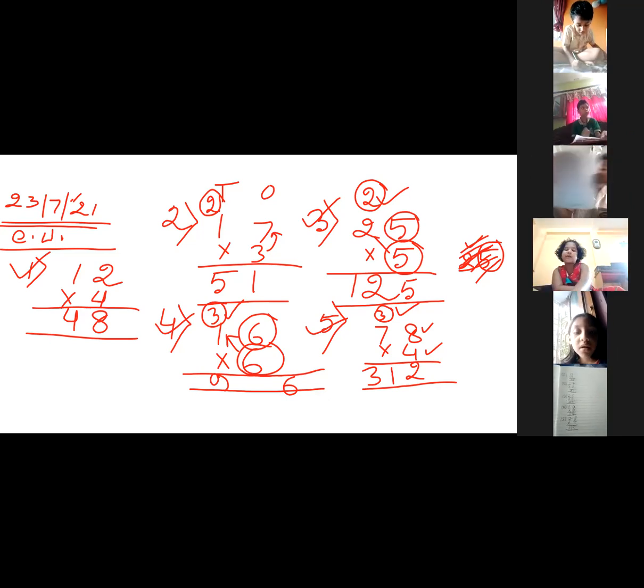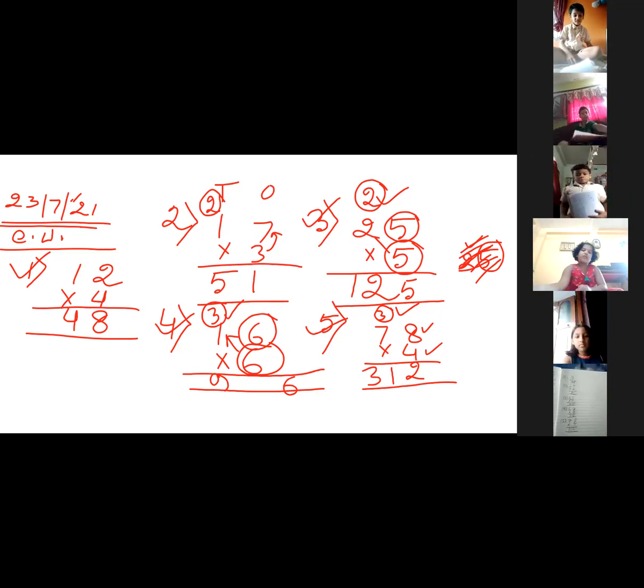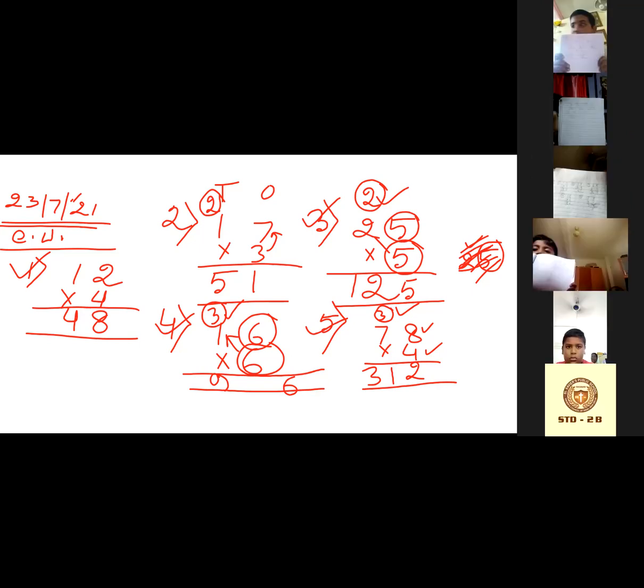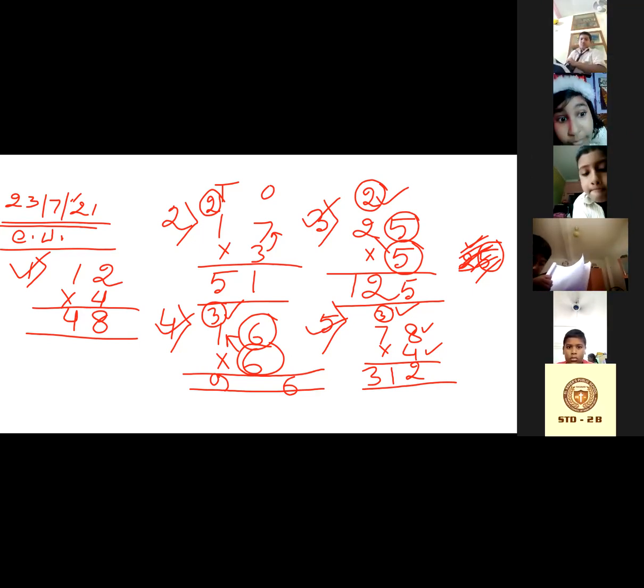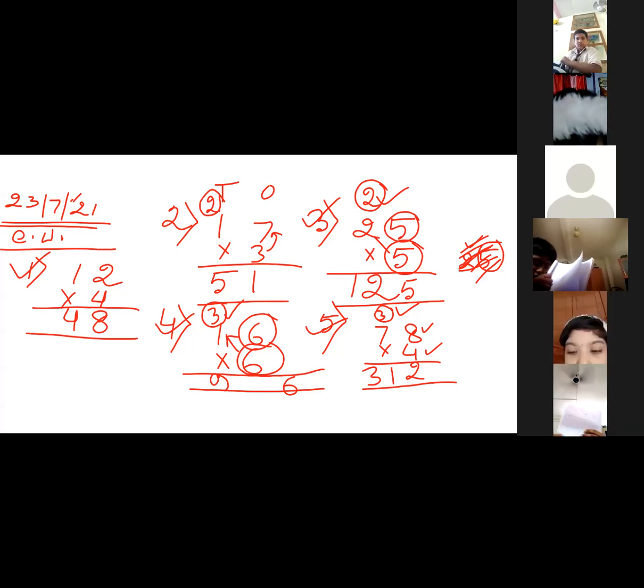Arindam, why are you sending this type of sticker? Okay. All of you completed too. Kushan, completed up to this? Show me your book. Okay.